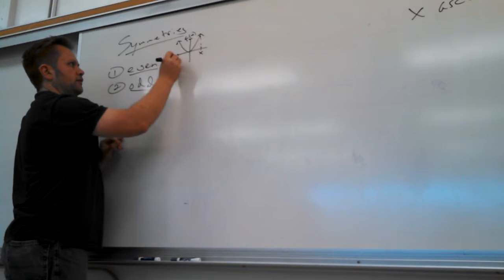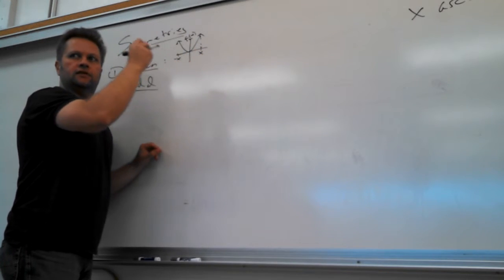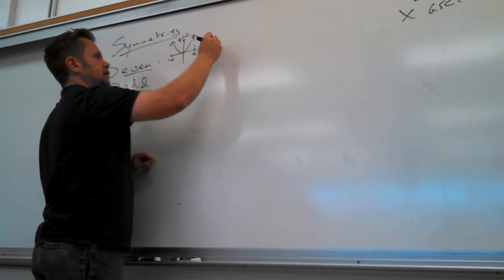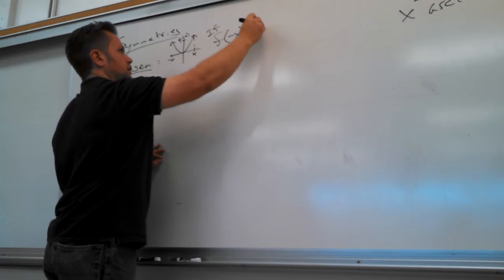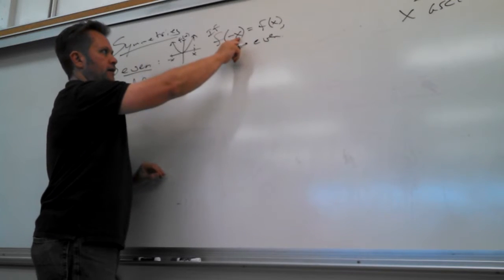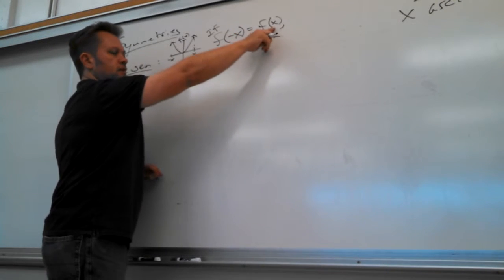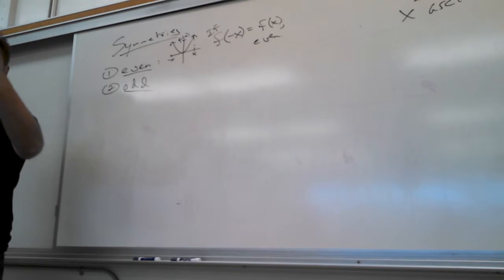What do I get when I plug a negative x in? Same thing. So the test for the symmetry, for each of these actually, is if f of negative x equals f of x, it's even. Right? So I plug a negative x into the function. If I get the same thing back, if the negatives somehow cancel, then the whole function itself is even.